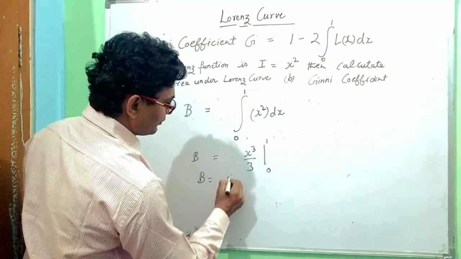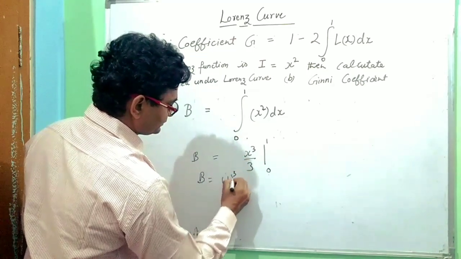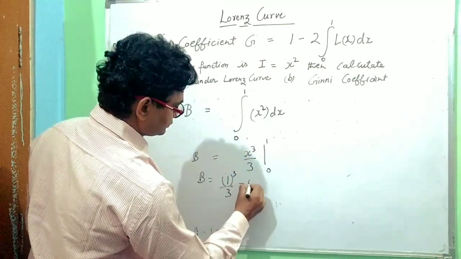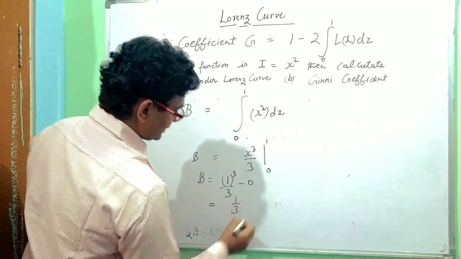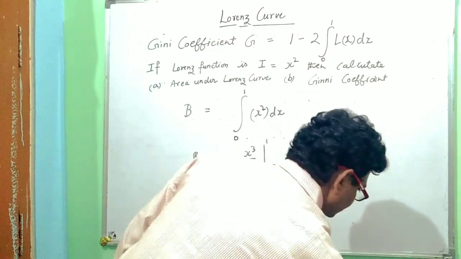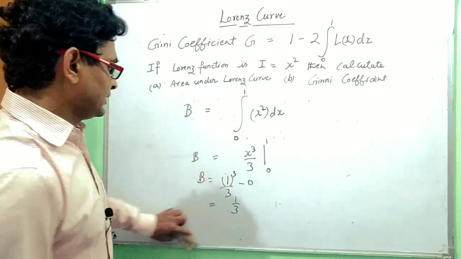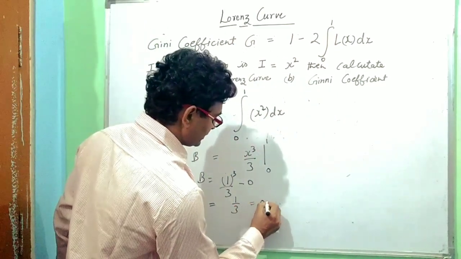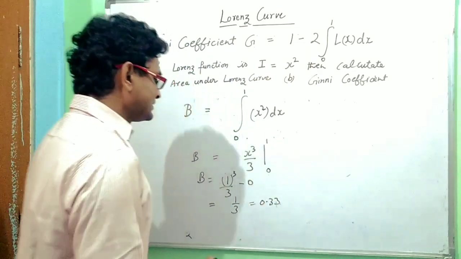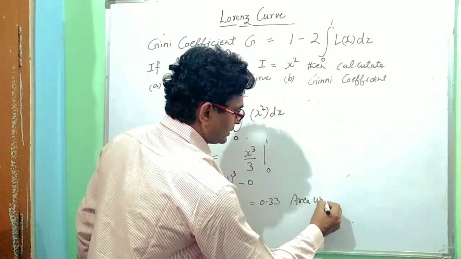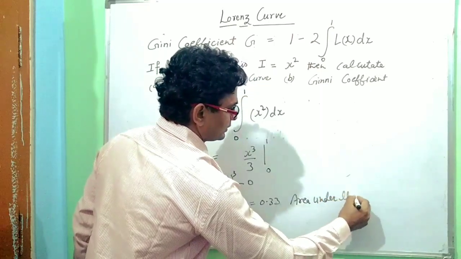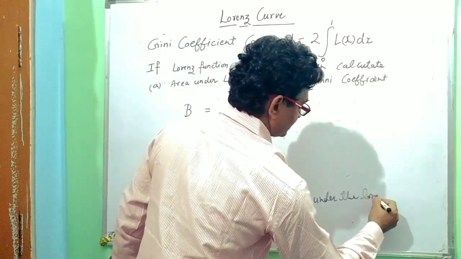After putting the value of x is equal to 1, we get 1 upon 3, which is equal to 0.33. This is the area under the Lorenz curve.